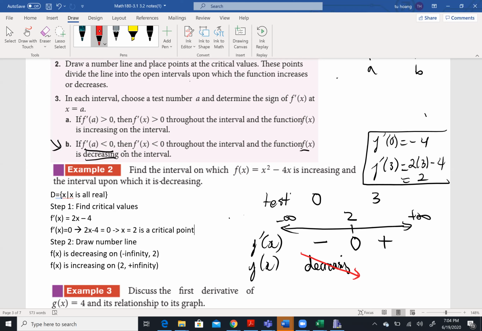And from 2 to positive infinity, I know that f prime of x is positive, then f of x is increasing, and from now on I'm also going to use the notation of an arrow going up.